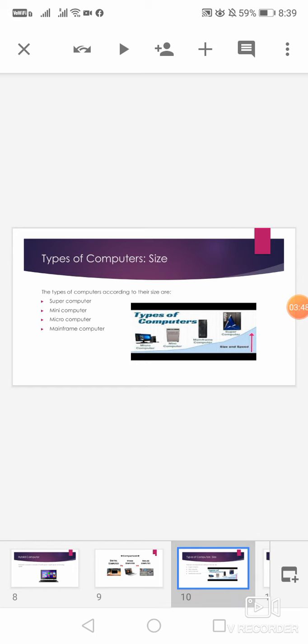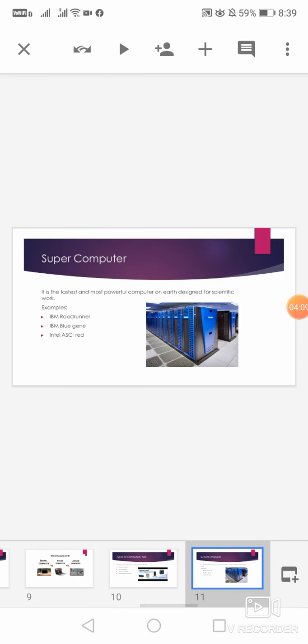Next, we are moving on to the next topic, that is types of computers based on size. The physical size of the computer is what is mentioned here. The types of computers are supercomputer, mini computer, microcomputer, and mainframe computer. What is a supercomputer? A supercomputer is the fastest and most powerful computer on earth that is mainly used for scientific work. It has very high performance compared with the general purpose computer.